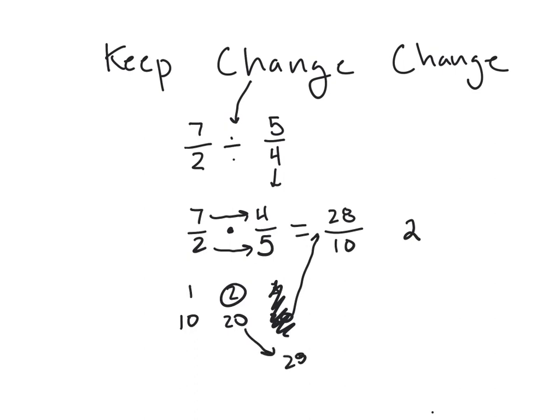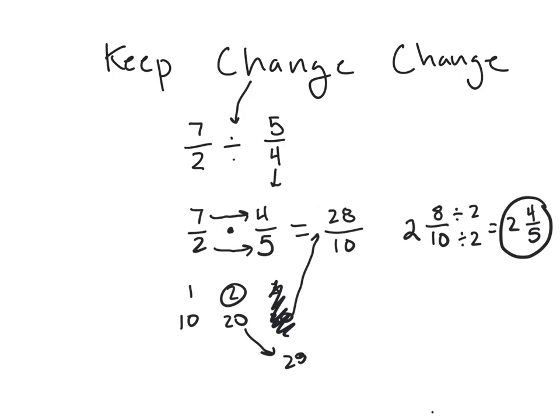Well, I know it's 8 more, so that's the top, 8 over 10. And now I tell myself, I'm not done yet because it's not reduced. I want to think of the big one that fits into both these. And I think it's going to be 2. So I divide by 2 on the top, divide by 2 on the bottom, and I get 4/5. So my new answer is 2 and 4/5. Reduced and a mixed number.